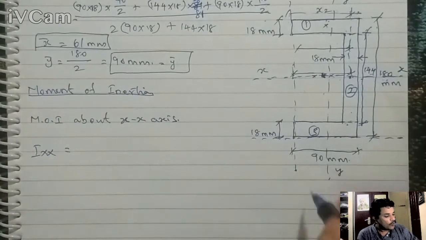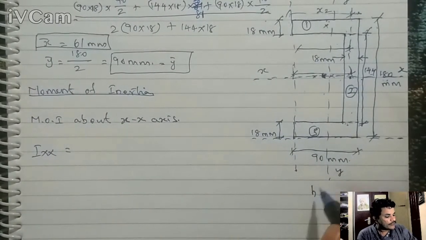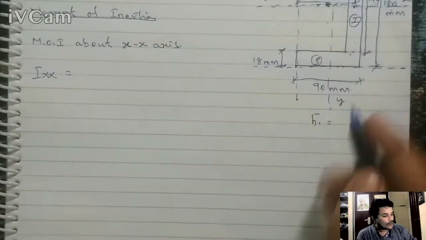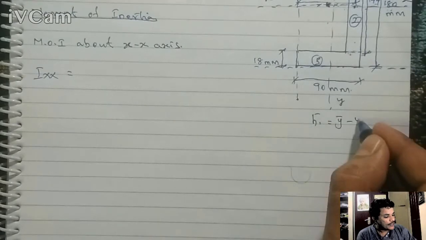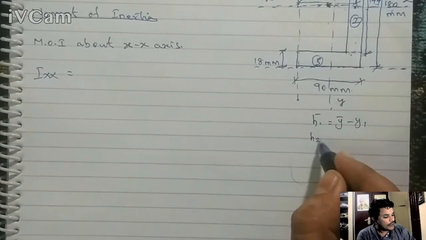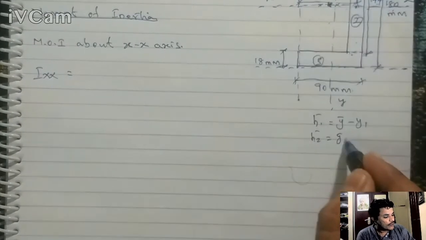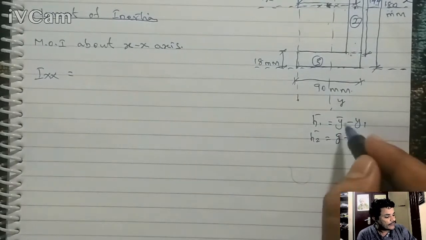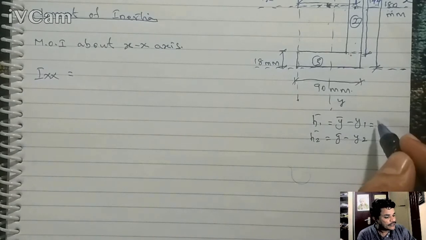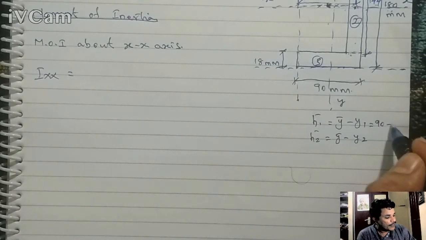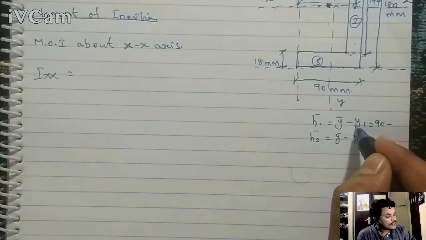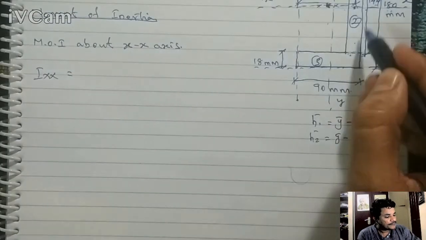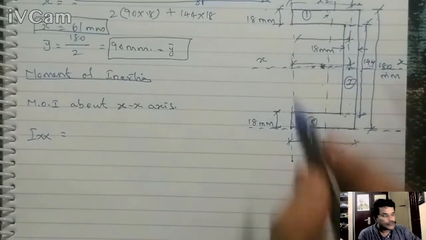What is h bar? Actually the formula: h1 bar is equal to y bar minus y1, h2 bar is equal to y bar minus y2. Suppose I am taking the big rectangle: y bar for the channel section is 90 mm minus y1, the centroid of this big rectangle.